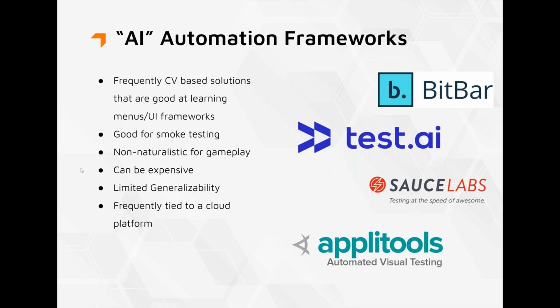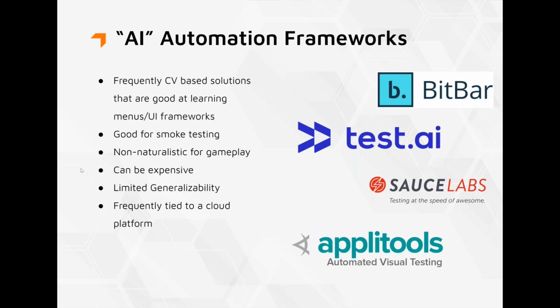Usually they're more computer vision based solutions that you train to recognize certain elements of your application. So buttons, menu elements, things around the presence or absence of different sprites or models.